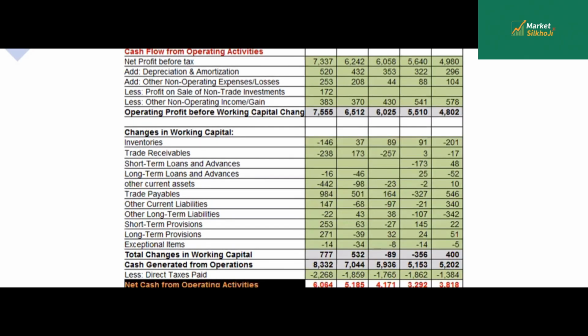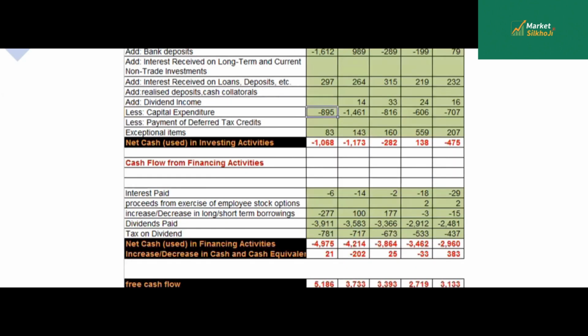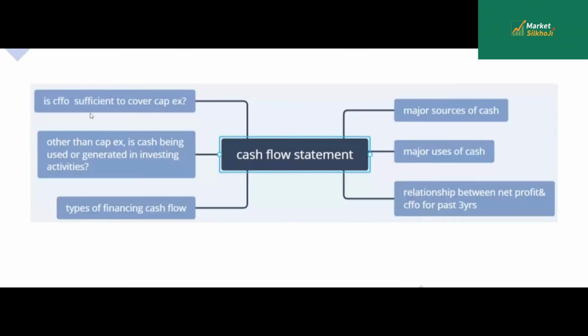So for this business, external funding is not required. The cash generated within the business is more than enough. So this company can cover capex without going for external funding. And for such companies, free cash flows will be positive. They have excess cash. So yes, they can cover capex.